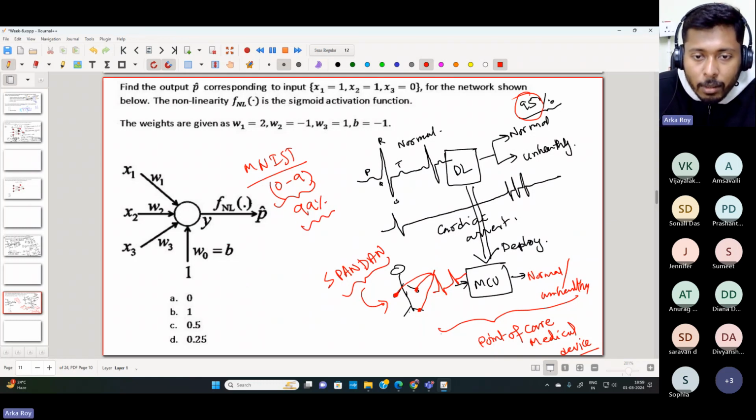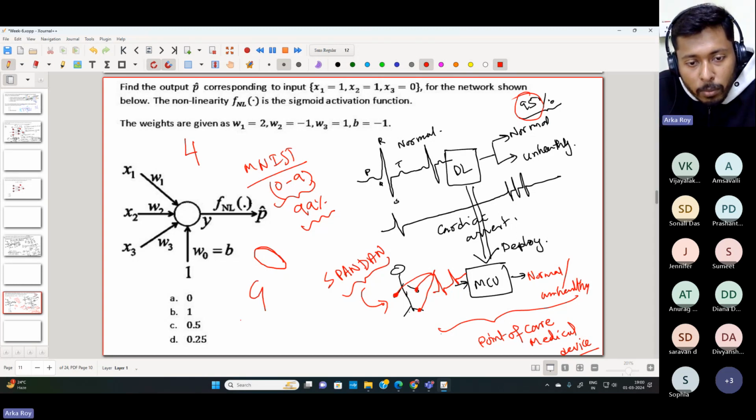However, in real time, it may happen that the way I write 0, for example, I write 0 like this. The model has not seen anything like this in the training data set, so there is some probability that the model may misclassify it. Or let's say I write 4 like this, and at test time I write 4 like this.